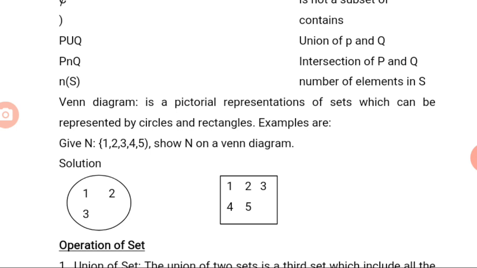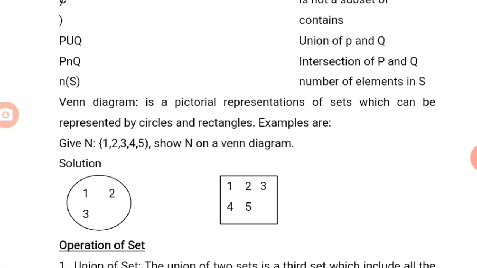So the union of sets, look at P union Q, means union of sets P and Q. Also, we have the intersection of sets P and Q. We also have the number of elements in a set.